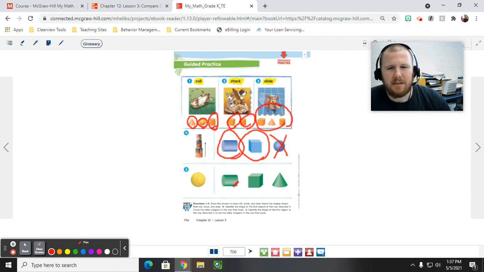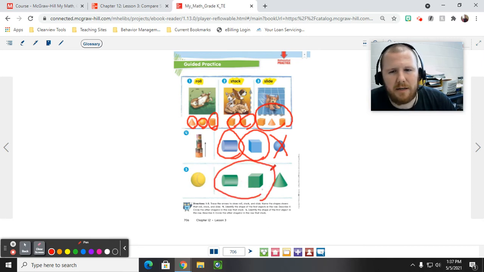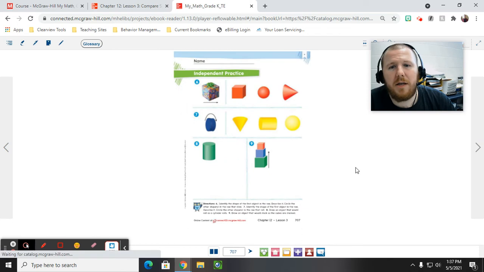Wait a minute. This can't stack at all. So it says identify the shape of the first object in the row. Well, we know that, and it rolls, but these ones don't roll. These ones stack, but we already know these ones can stack, and this one can't. Interesting why they would ask that question. Not quite sure. But anyway, you have to really read those instructions. That's the whole point of that.